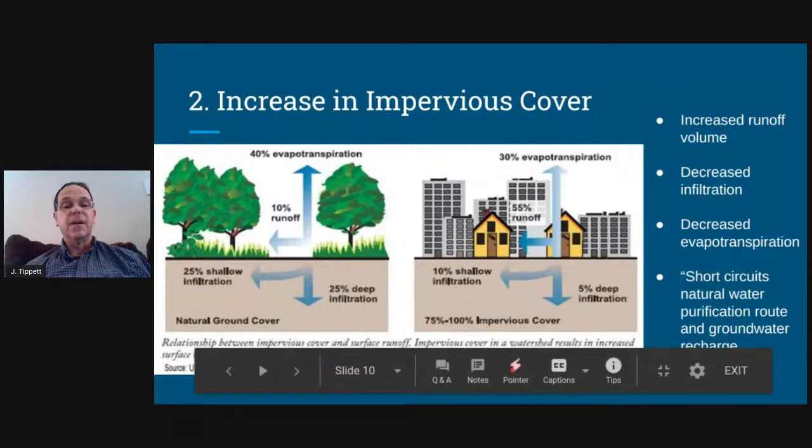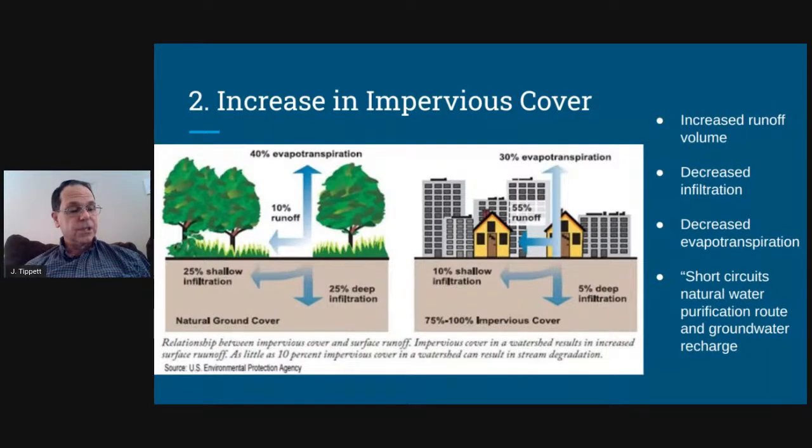Remember, we talked at the very beginning about how soil is nature's great cleansing mechanism for water. When we put pavement down or rooftop, we short circuit that, and the water can't go through the soil and can't be cleansed. That's what we call a short circuit on nature's cleansing process.